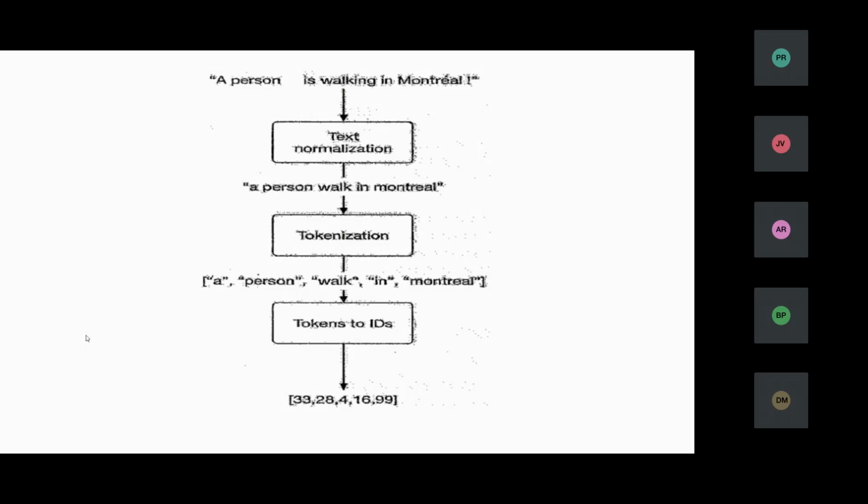By using text normalization, you can see that it is transformed into lowercase and the exclamations are removed. Then, taking it into tokenization, tokens are created from the whole sentence. Each and every word in the sentence is transformed into a token, and these tokens are given their own IDs, as you can see.